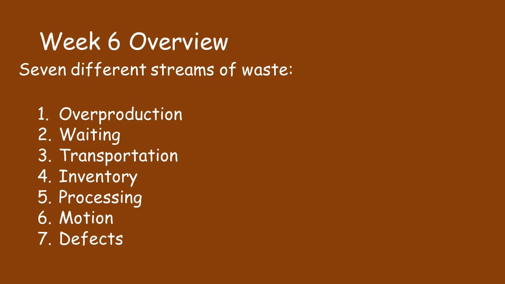Inventory itself: too much inventory on hand is a waste. Remember, inventory is your money sleeping, so you want to minimize that inventory. This form of waste goes hand in hand with overproduction. And one of the things you'll get to know as you read the material is that too much inventory creates this large sea of inventory that covers up all problems.